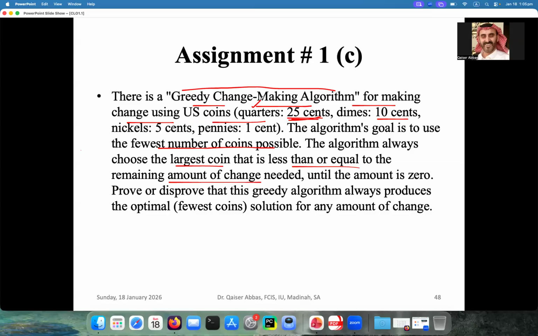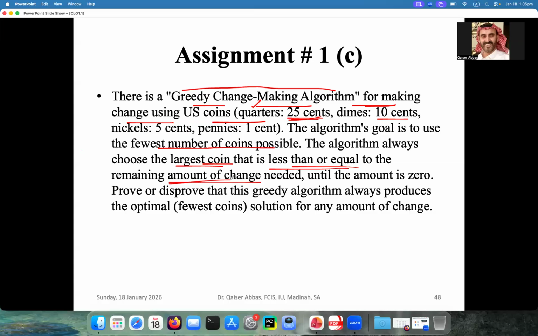What is the remaining amount? 15. Then it will again try the biggest coin. 25 is not possible, so it will take one dime, and then 5 is remaining. That is called the remaining amount.